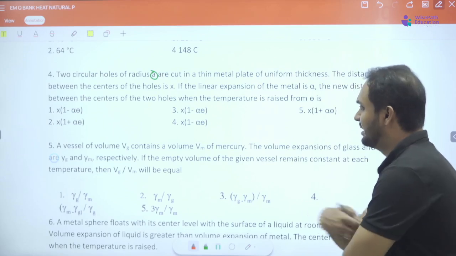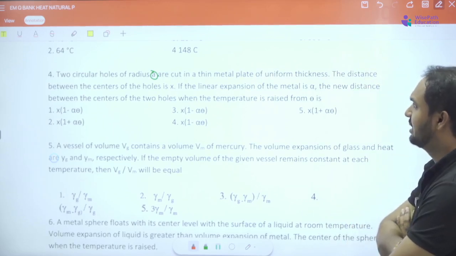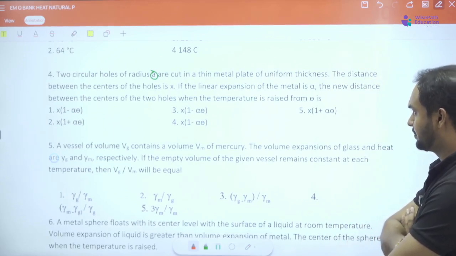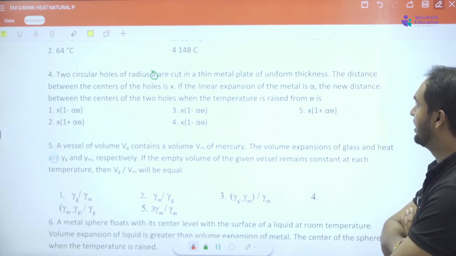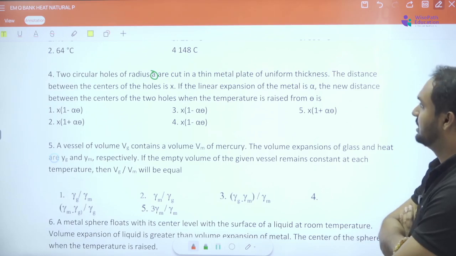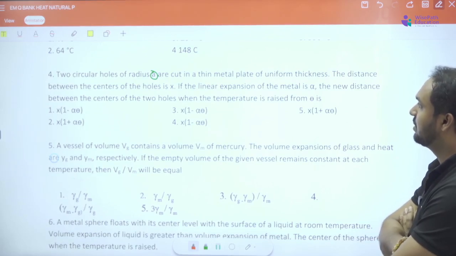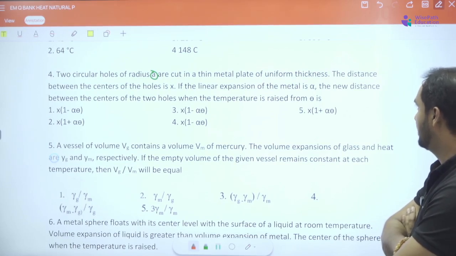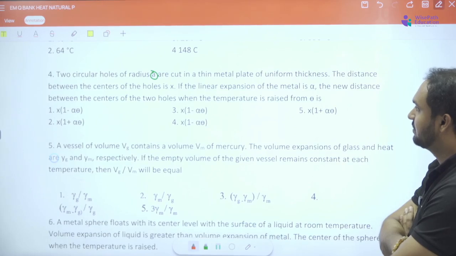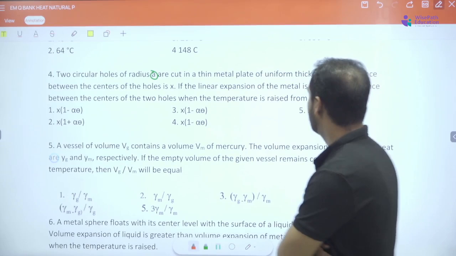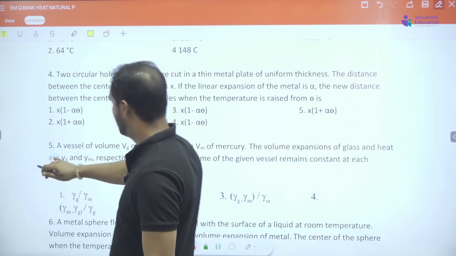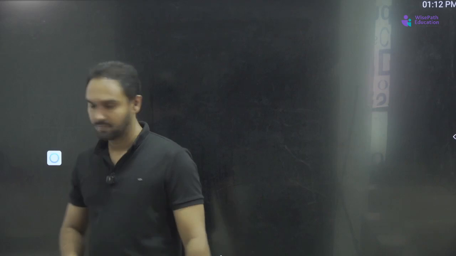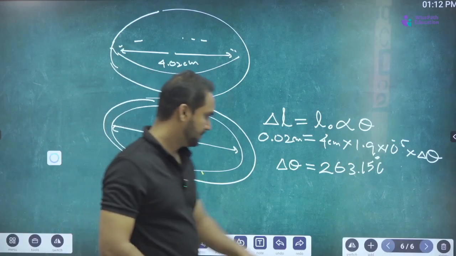So what does it say simply? Two circular holes of radius A are cut in a thin metal plate of uniform thickness. The distance between the centers of the holes is x. The linear expansion of the metal is alpha. The new distance between the centers of the two holes when the temperature is raised from theta. So this is what they are asking.